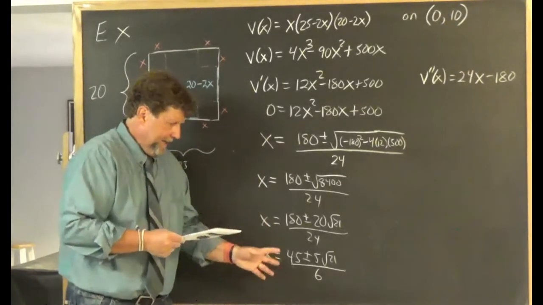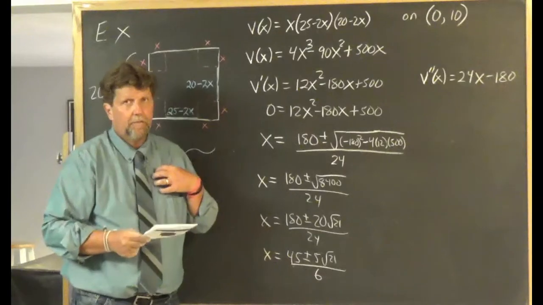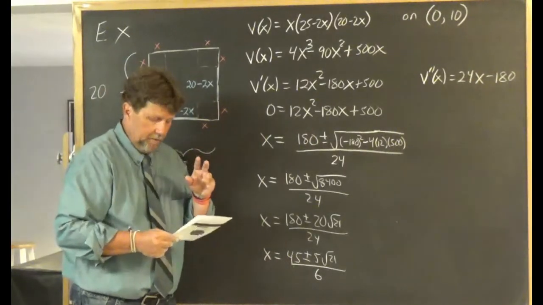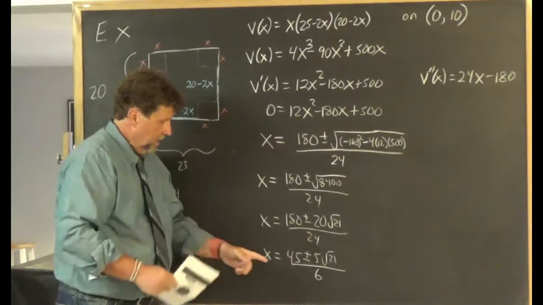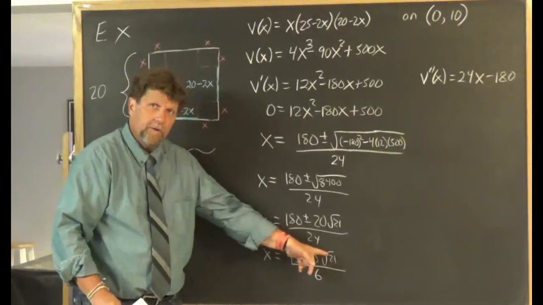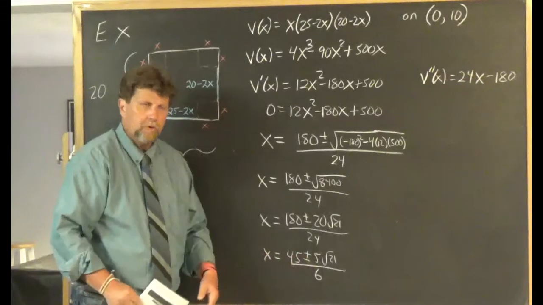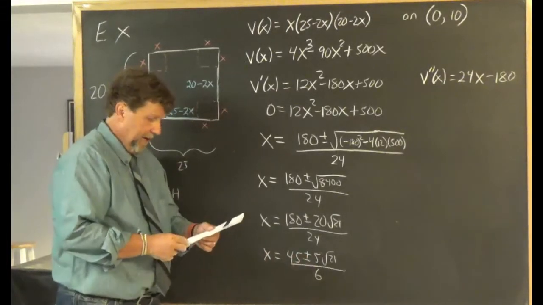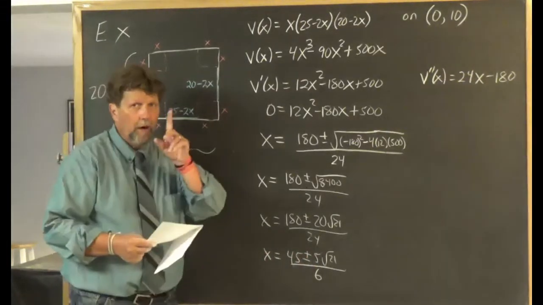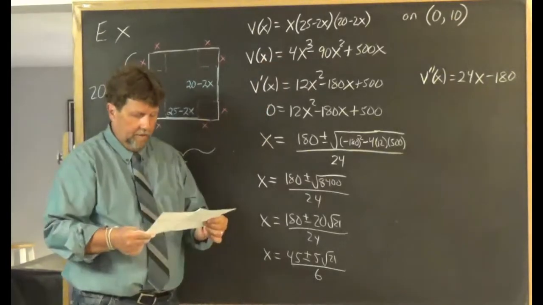Okay, now I need to get a decimal approximation for these two possible answers: 45 plus 5 square root 21 over 6 and 45 minus 5 square root 21 over 6. And when I do that, only one of those will be in the interval 0 to 10.